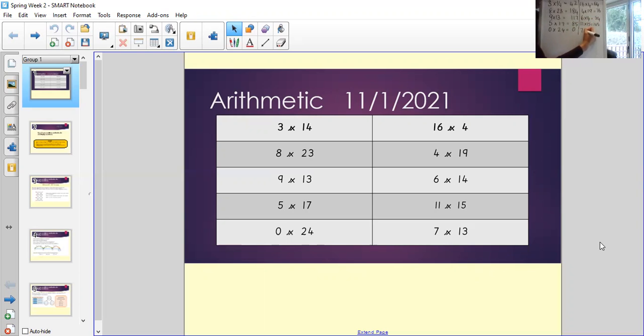And 7 times 13 equals 91. So there are your answers. You can check them against the ones that you've completed.